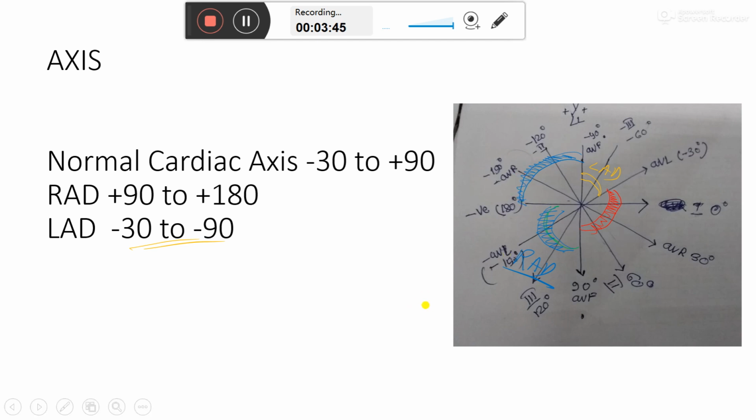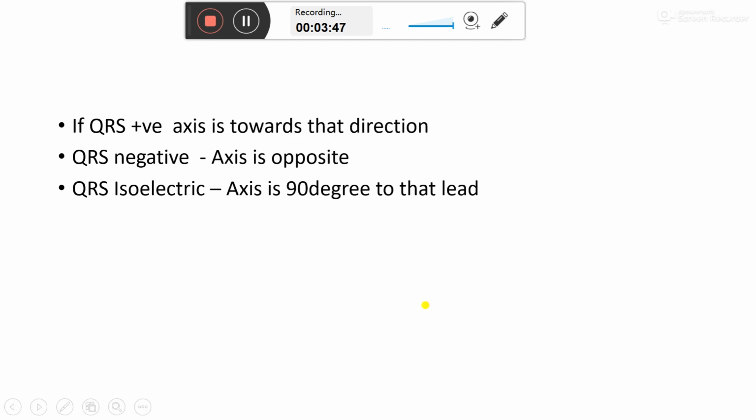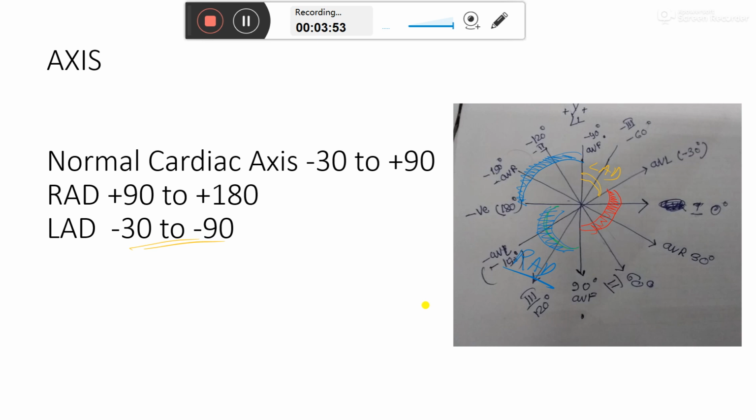Now how will we calculate the axis? For calculating the axis, we will take two leads, lead 1 and AVF. These are two perpendicular leads.